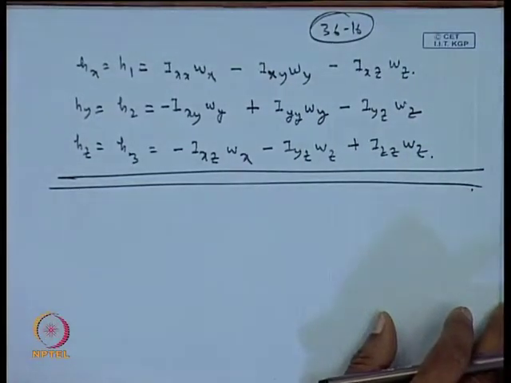Now, once we have done this, our main objective is to compute the Euler equation, which you might have heard of earlier. So, if a torque is acting on the rigid body, okay, a rigid body is given, and if you apply torque to this, what will be the change in the rotational rate of the body.